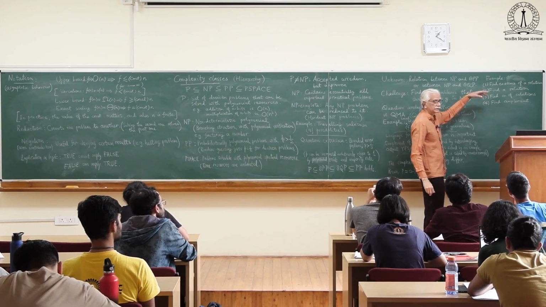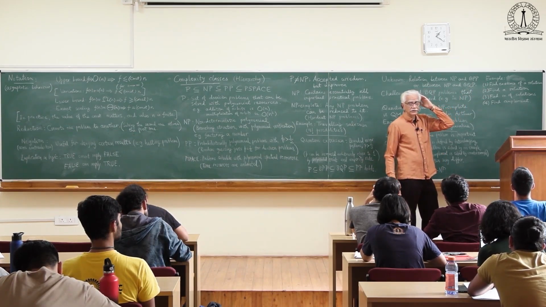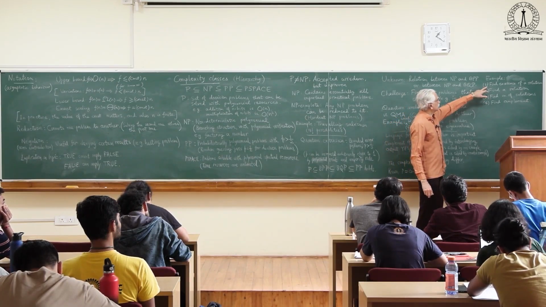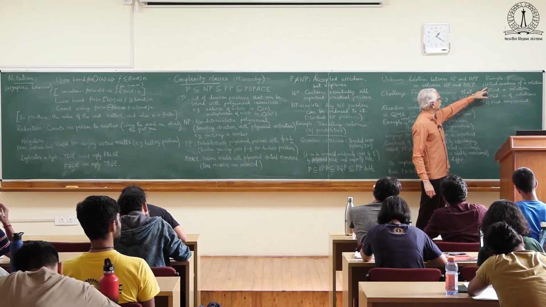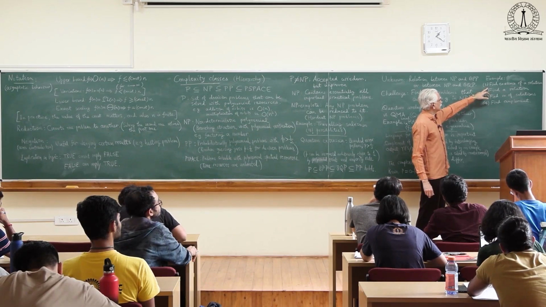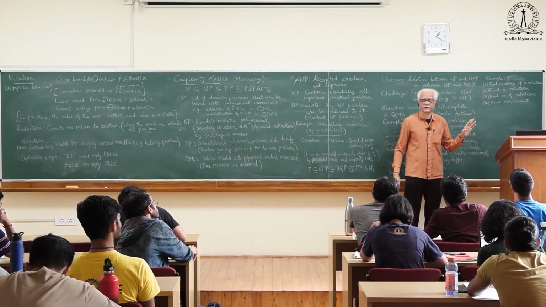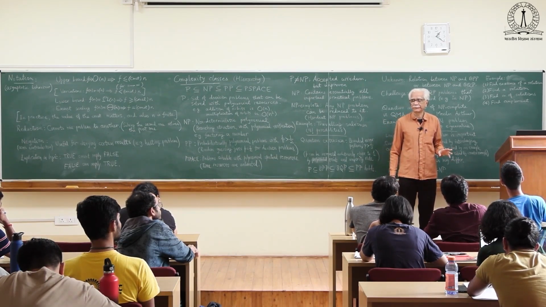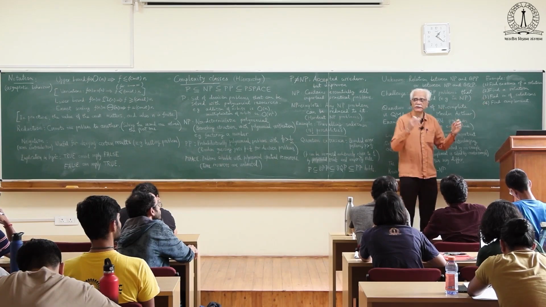All these kinds of descriptions can be very different. What does the first part mean? Just find whether the solution exists or not, without finding the solution at all. Then this says find one solution.